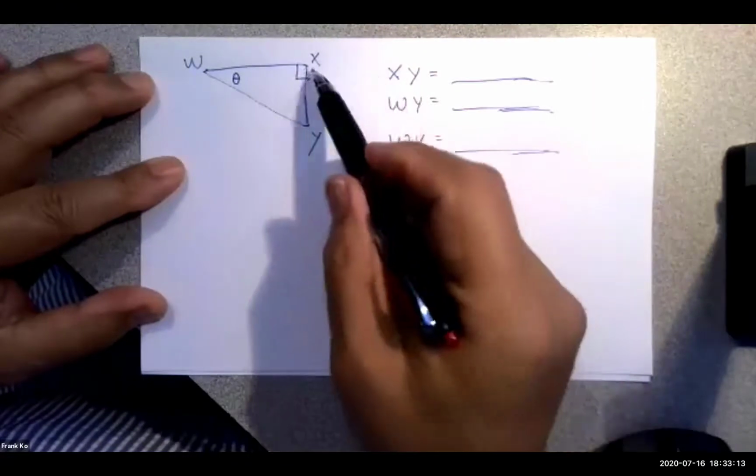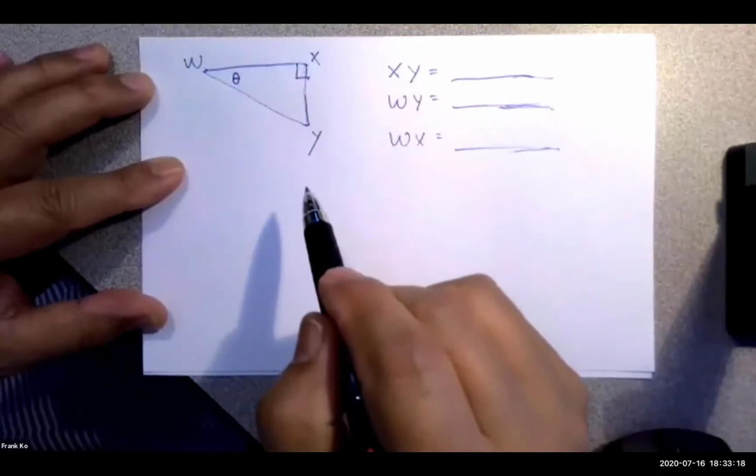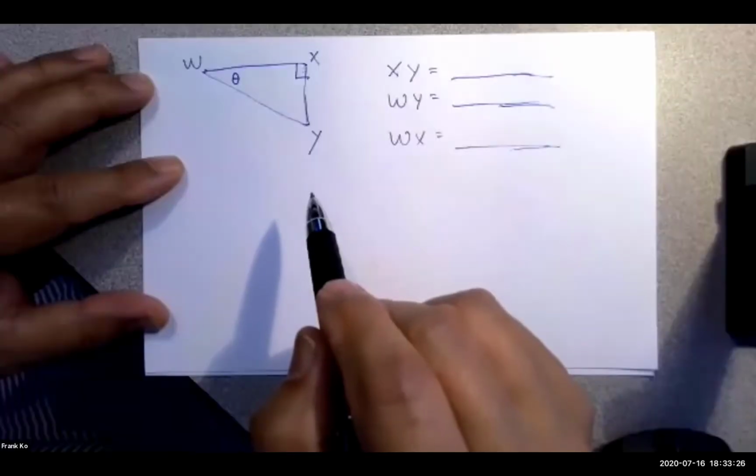Dana, X to Y, this side right here, would have what name based on the convention that we specified earlier? I can't hear you, Dana. Sorry, what was that? Could you repeat that? Okay, yes.